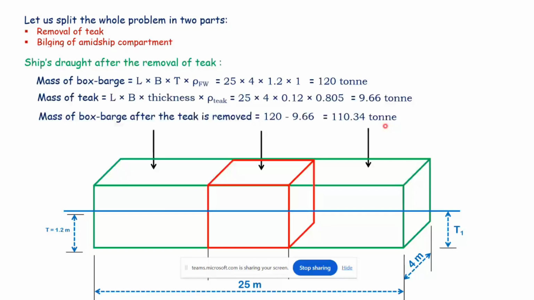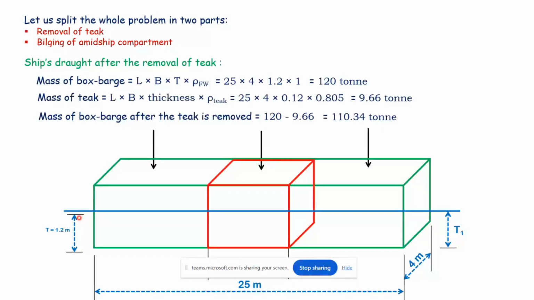One more thing I was mentioning: the teak was having a density less than that of water, so overall it was helping the vessel to have some buoyancy. If the teak has gone, now the buoyancy has been lost, and that's why you might have noticed the ship sank down in the water by a certain amount.